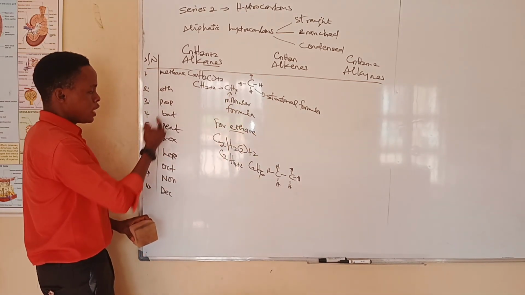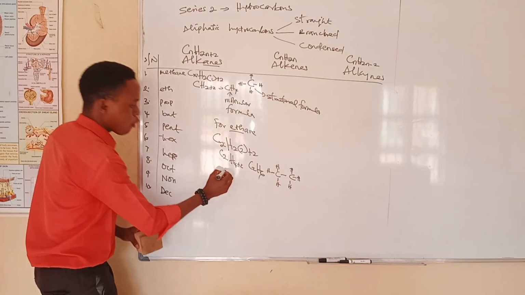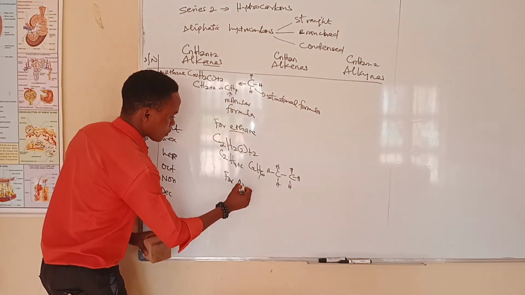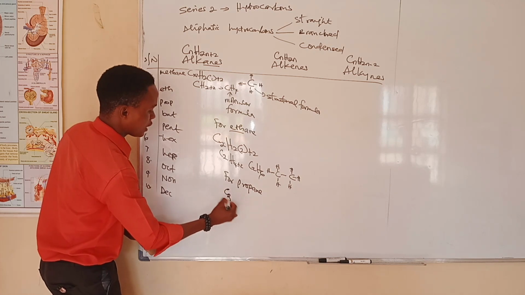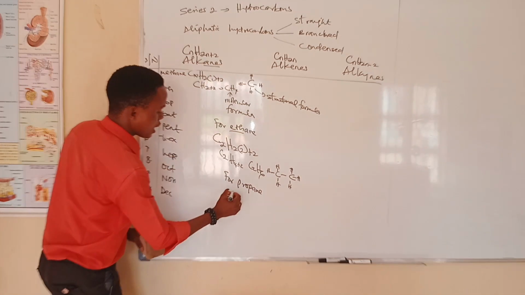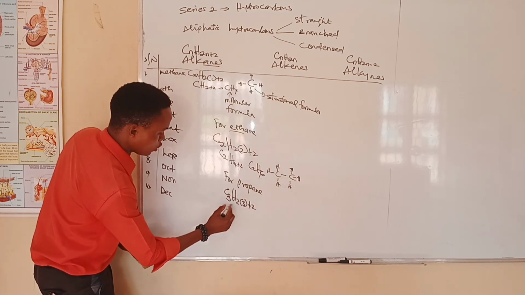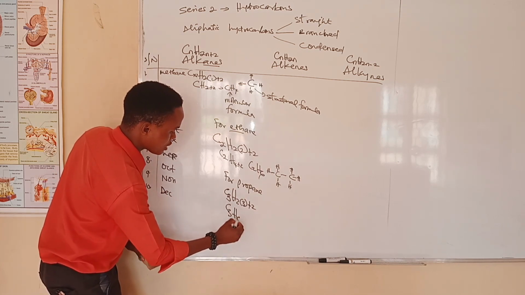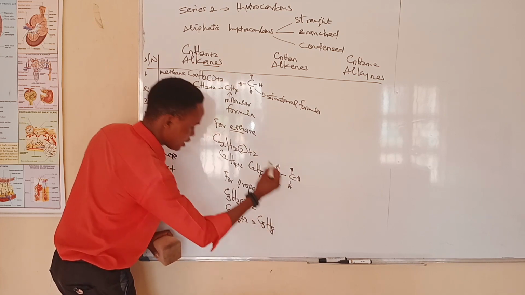That's for number 2. Then Pro is going to have 3 carbon atoms. So for propane, we have C3 following this formula, H2 into 3 plus 2. So C3 H6 plus 2, which gives C3H8.